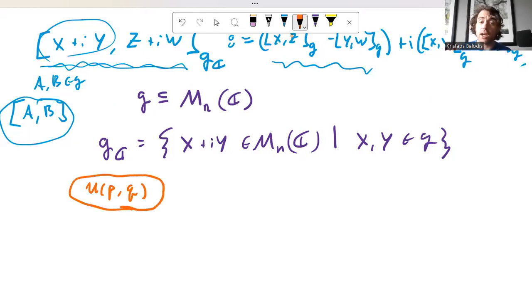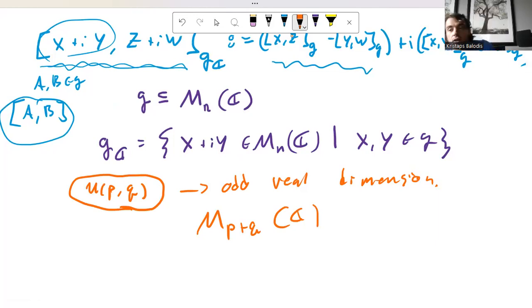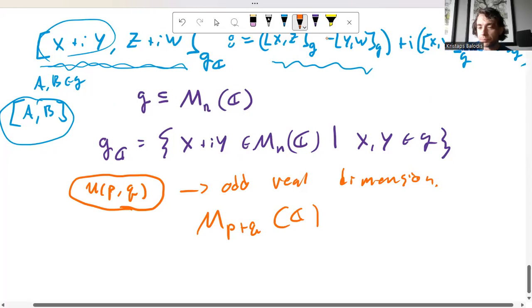Even though this is defined in terms of complex matrices, you actually find that in general it has odd real dimension, and therefore it can't possibly be a complex vector space. So it sits inside M_{p+q}(C), but it is a real Lie algebra, and then you can compute the complexification of it.